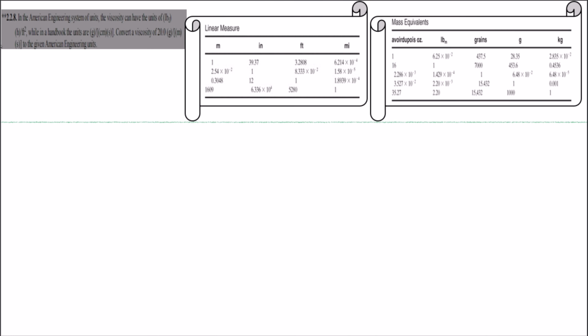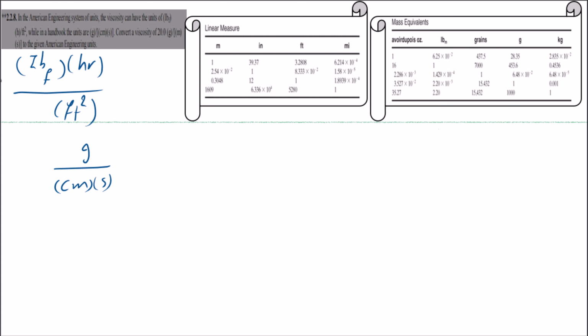Question 2.2.8. In the American engineering system of units, the viscosity can have the units of lb force hour per square foot, while in the handbook the units are gram per centimeter second.